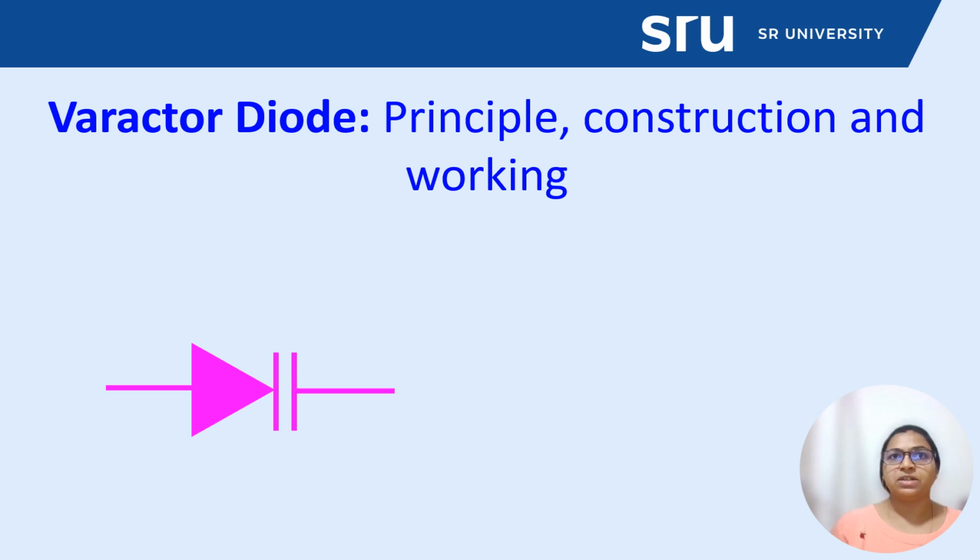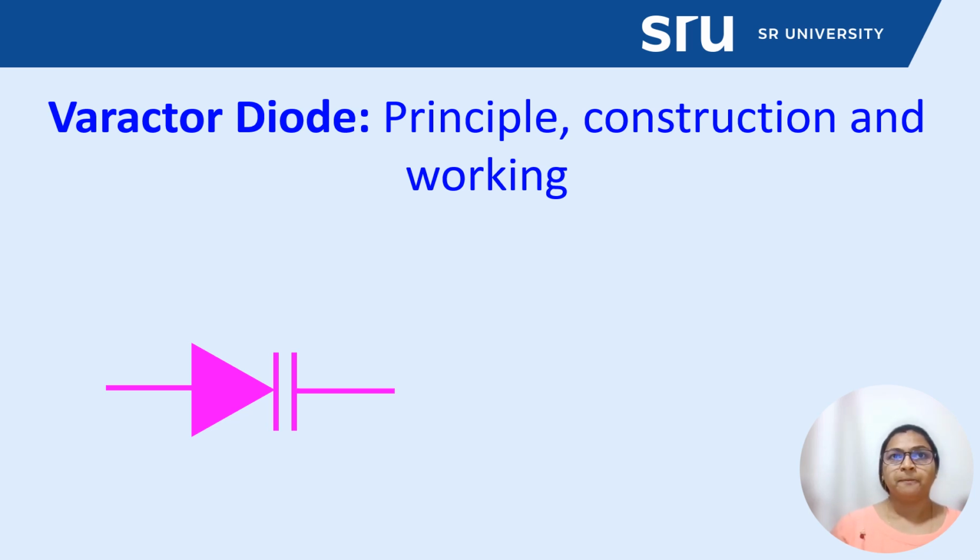So diodes, as we already summarized, are semiconductor-based components that allow current in one direction and block it in the other direction. There are several types of diodes used in various circuits. The Varactor diode is a type of diode that will be discussed in detail in this section.